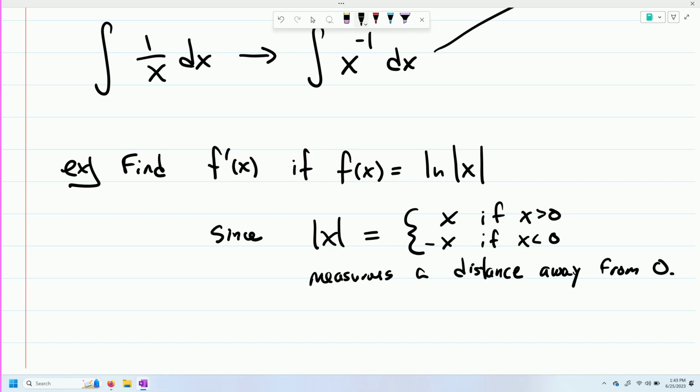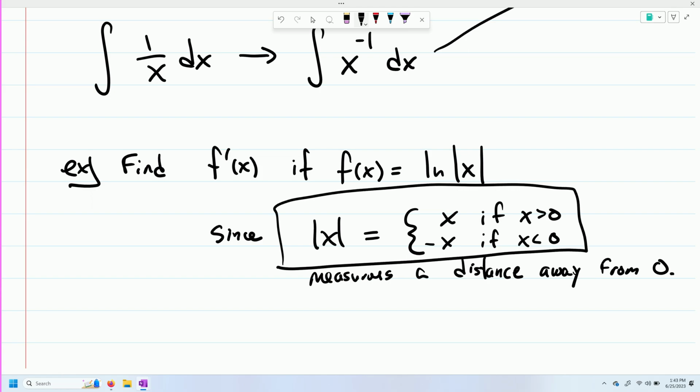Distances are never negative. The answer is always going to be positive, but now you have to understand why. It's because this is the algebraic definition of the absolute value.